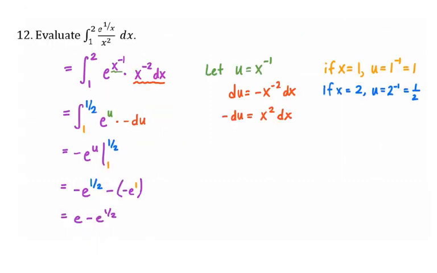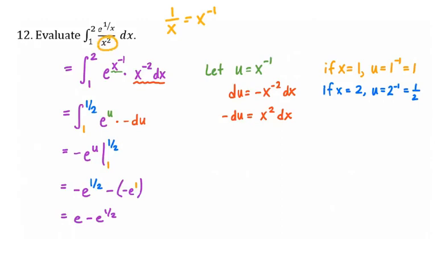The last one I think in the homework was number 12. This was similar to the last example I did on the video, because rewriting it first probably would be beneficial. E to the 1 over x squared, as it's written, is a little complicated. So I started by rewriting 1 over x as x to the negative 1, and then the 1 over x squared on the bottom comes up as x to the negative 2.